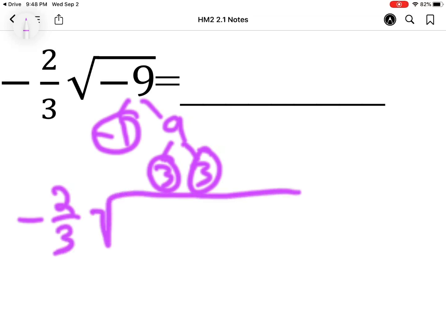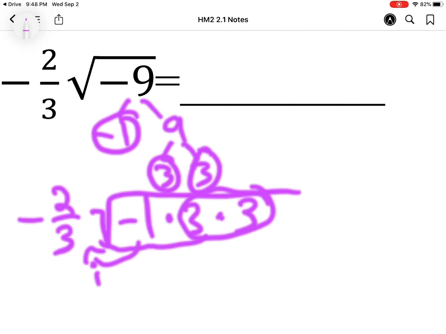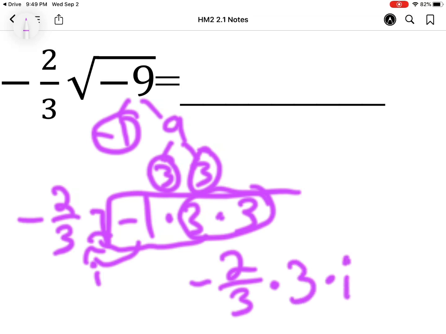So we have negative 2 over 3 times the square root of negative 1 times 3 times 3. So negative comes out as i. The 3's come out as just a single 3. So I'm left with negative 2 over 3 times a single 3 times an i.